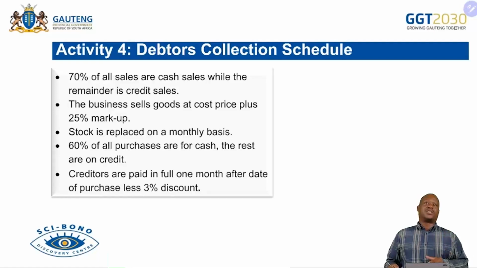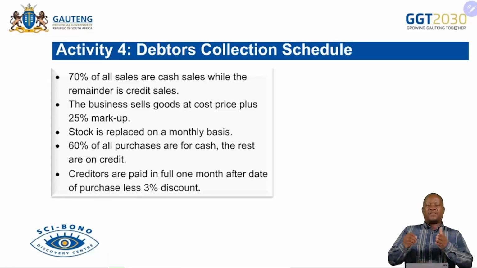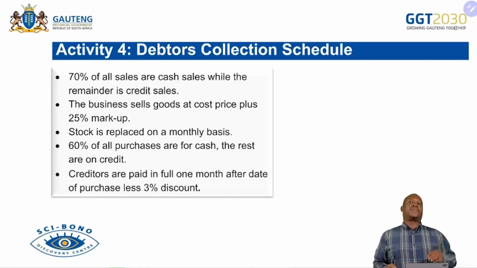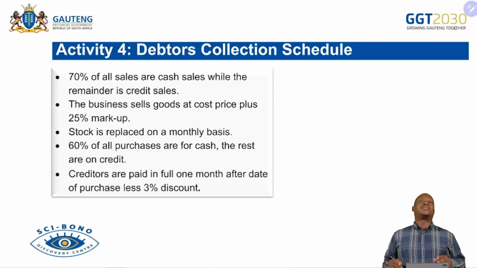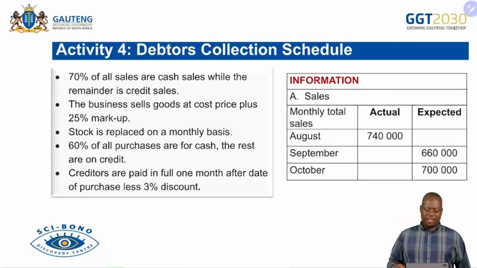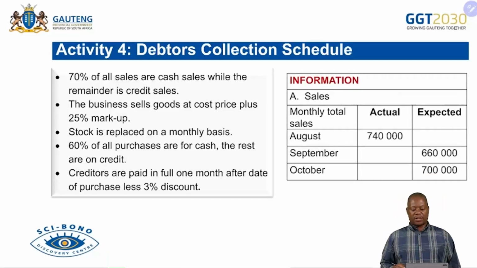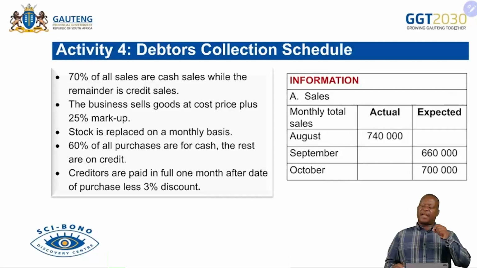And then they are also saying creditors are paid in full 1 month after the date of purchases, less 3% discount. So we buy in January, we pay in February, all of it less 5% discount. So that's the way it is. Now, information A, sales. Check here, we are given the sales for the 3 months, August, September, and October. We are budgeting for September and October.